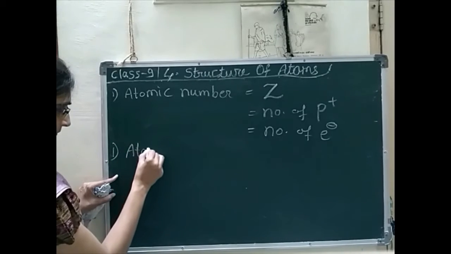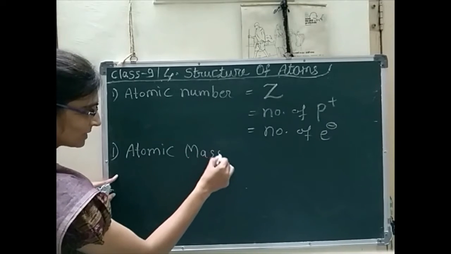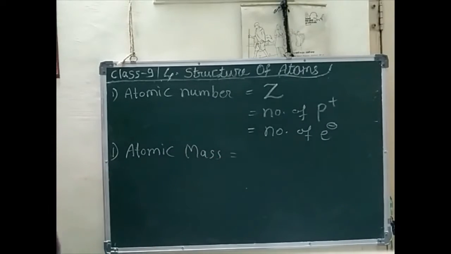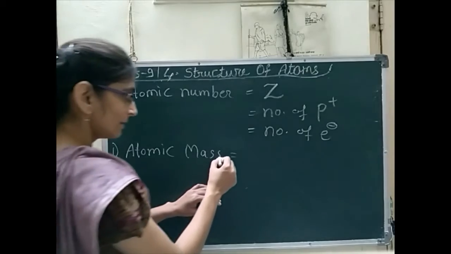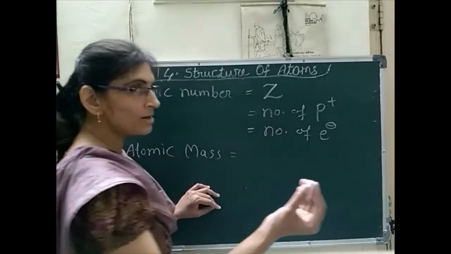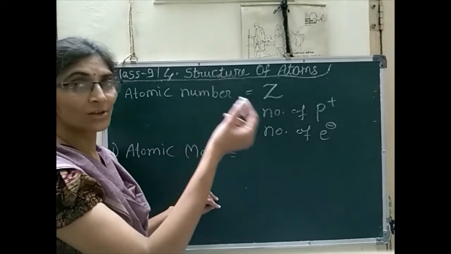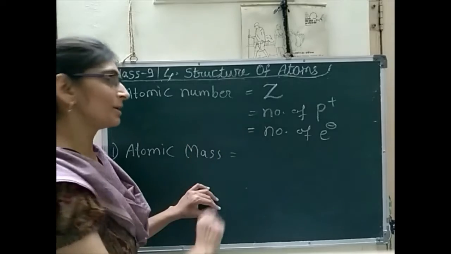Atomic mass. Just now we have seen what is meant by atomic mass. This is the total of the mass of protons and the mass of neutrons.